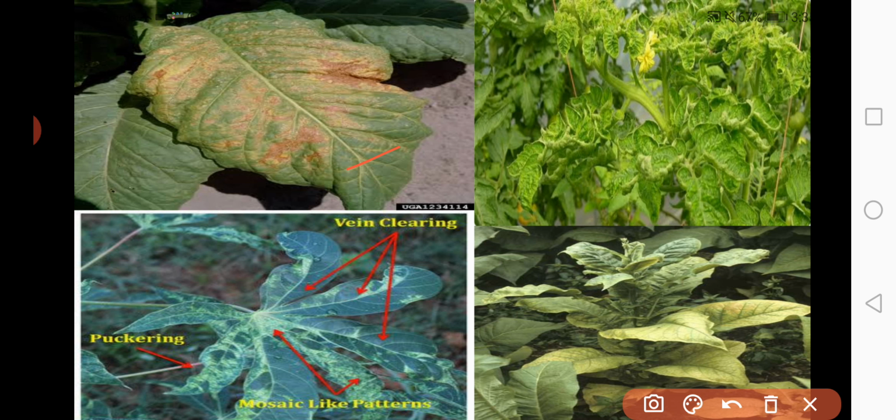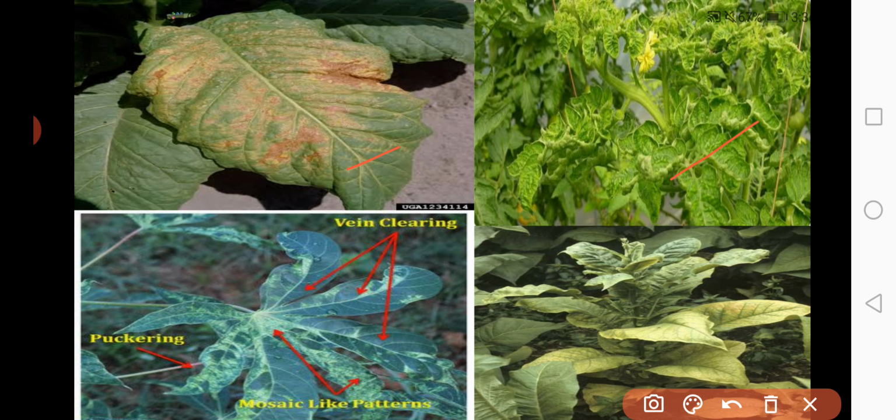Mosaic formation means the presence of some light and dark green patches in the leaves of plants, which is mainly caused by viral diseases. So the presence of light and dark green patches in the leaves is called mosaic formation, a patchy appearance.